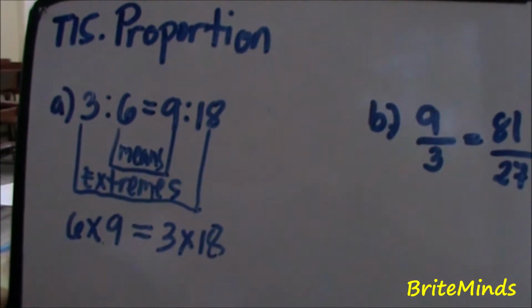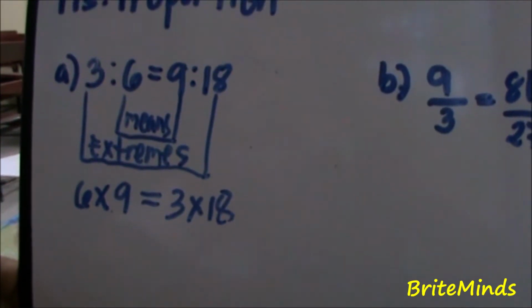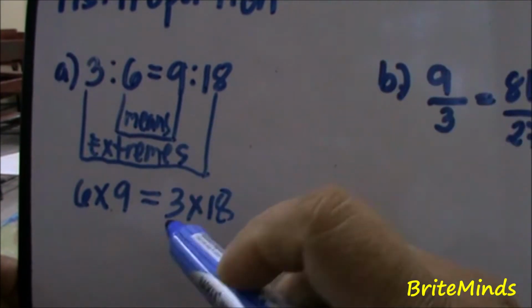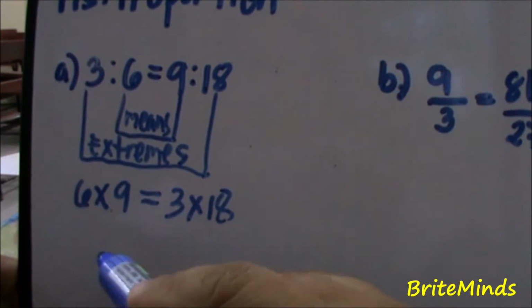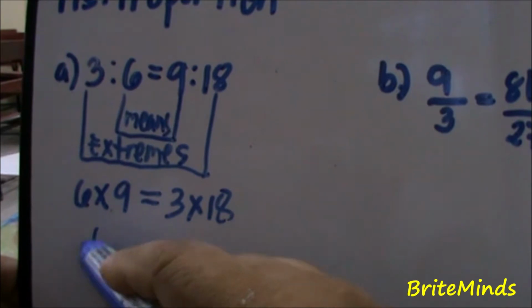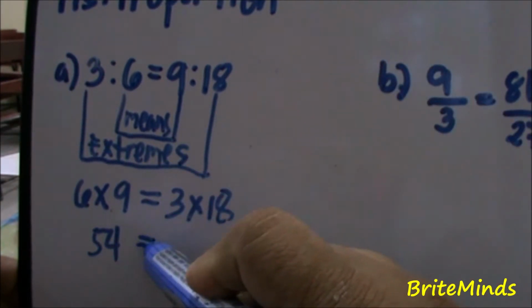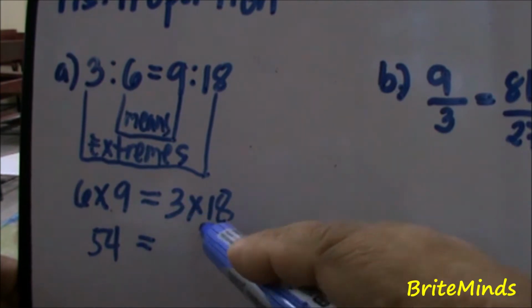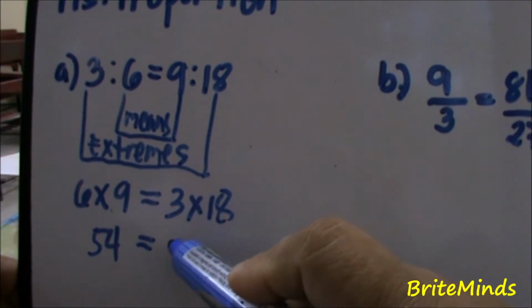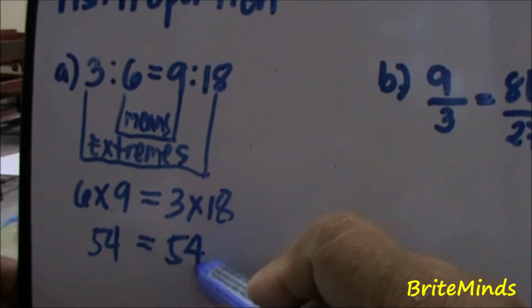Get your calculator, guys, and do the computation. 6 times 9 is 54, equal to 3 times 18, which is also 54.